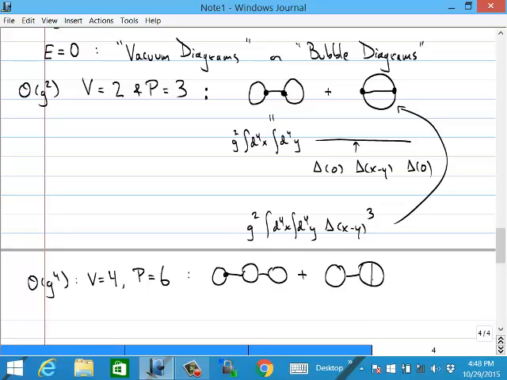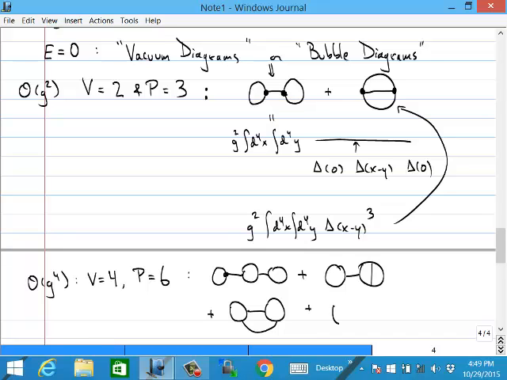where you just take this diagram here and you insert another line. Then there'll be another one where you take this diagram that we wrote above, and then you take another line that connects them.